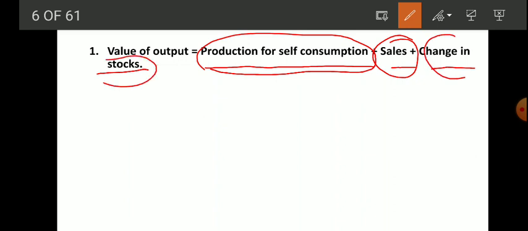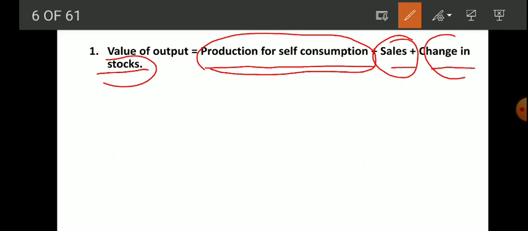What are sales and change in stock now? Sales is how much they are selling. After their self consumption, whatever amount they have is the marketable surplus, and they sell it in the market so that they can earn money from it and purchase other products for their livelihood.